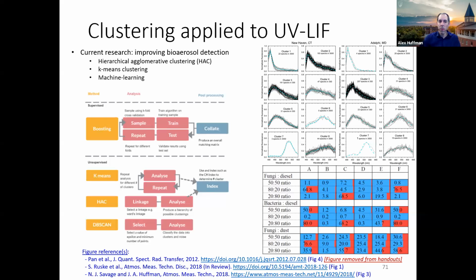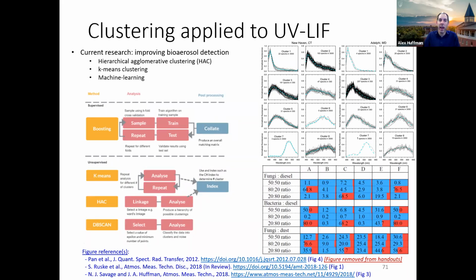But then ultimately, if you really care about using fluorescent spectroscopy to look at biological particles, there's a whole other class of analysis techniques, which is clustering. There are machine learning algorithms that basically dump all the data in. This is going to be a really simplified version of this. If you do machine learning, I apologize, but just for the sake of the 30 seconds here, the idea is that you have a lot of data on many individual particles, as opposed to just a collection on a culture or something like this.